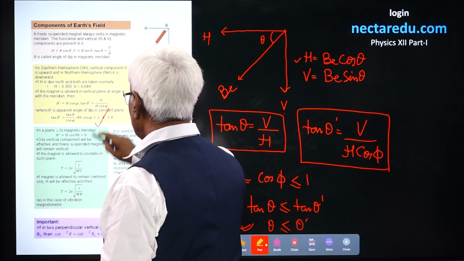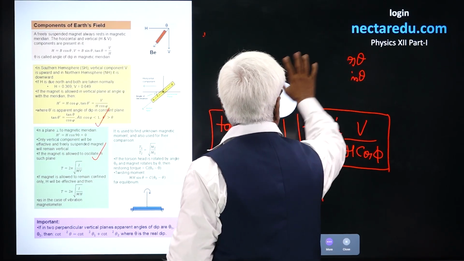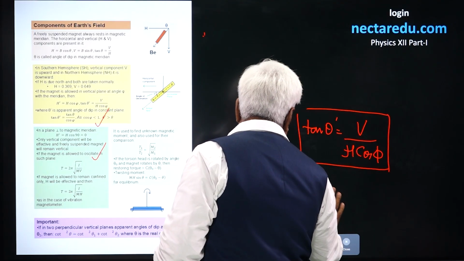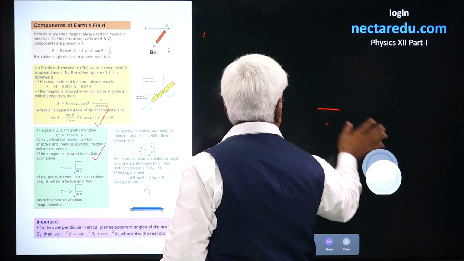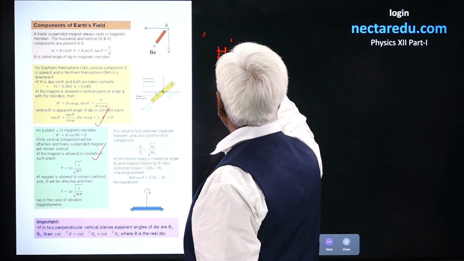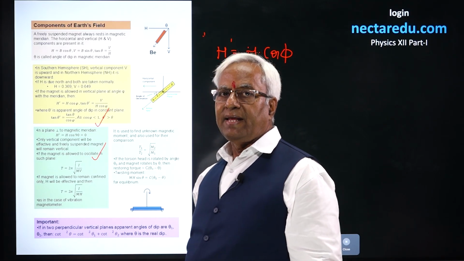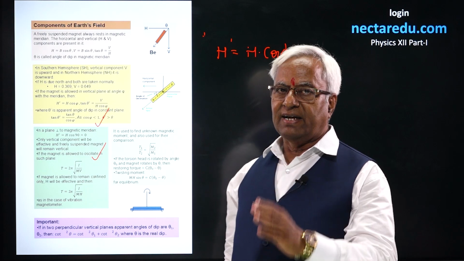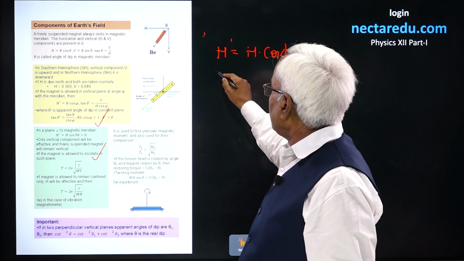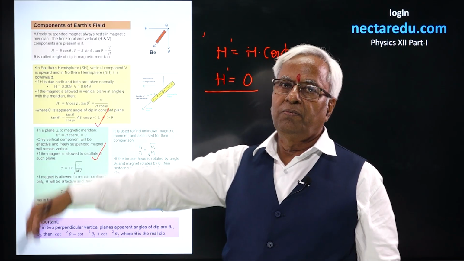Now, suppose you consider a vertical plane that is quite perpendicular to the magnetic meridian. Had it been at angle phi, H would be given by H cos phi. But if you choose a vertical plane perpendicular to the magnetic meridian, phi becomes 90. That means the effective value of the horizontal component is going to be 0.